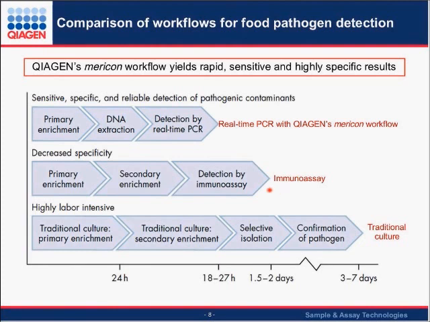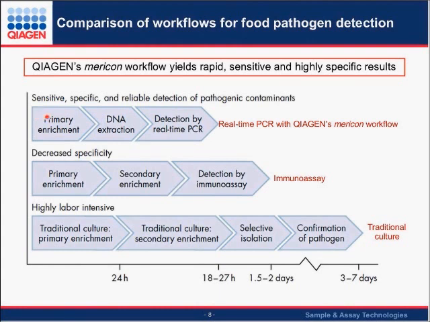Immunoassay is quicker, but again, you generally have 2 enrichments to do. So you have to do a primary enrichment culture, a secondary enrichment, then you can do an immunoassay for detection. They're not as specific. And again, it takes a couple of days to get that information. But with real-time PCR, to get food pathogens, you generally only need a single overnight enrichment, and there's a lot of work being done to get those enrichments into the 18 plus or minus hour time frame.